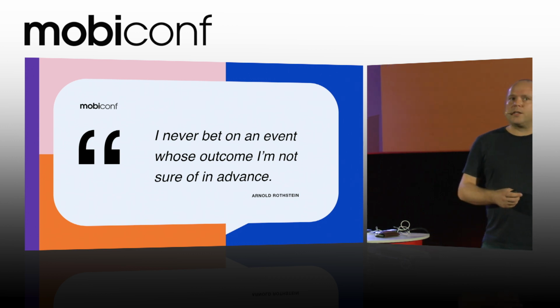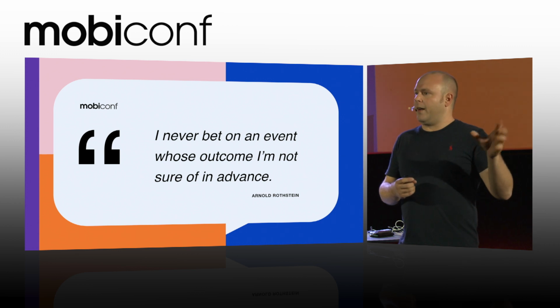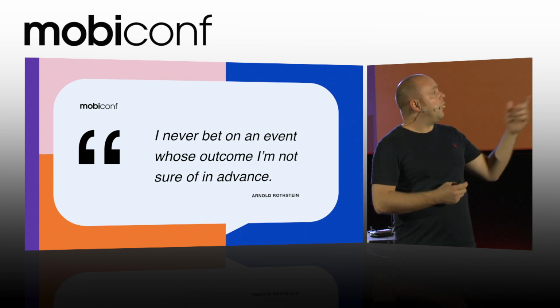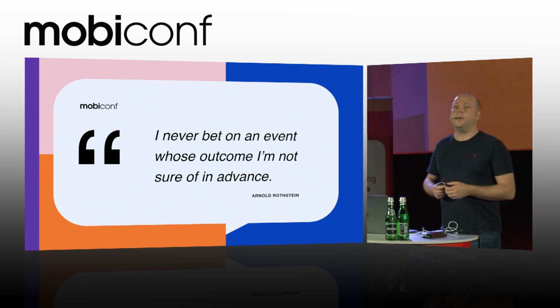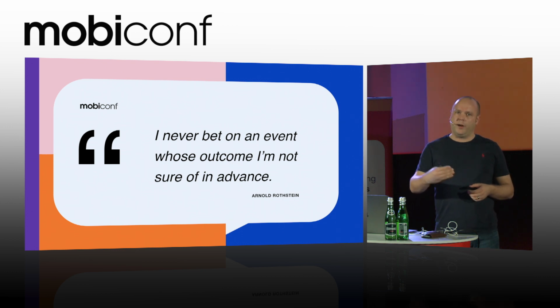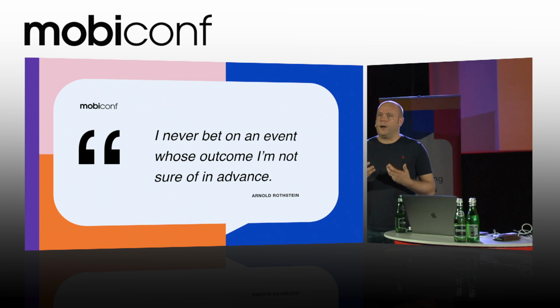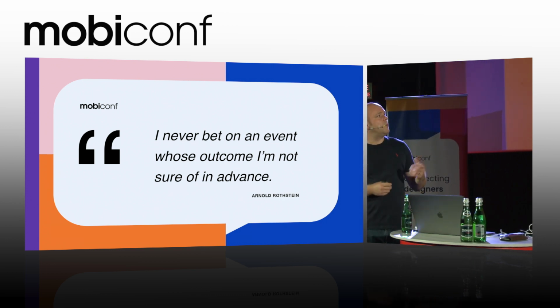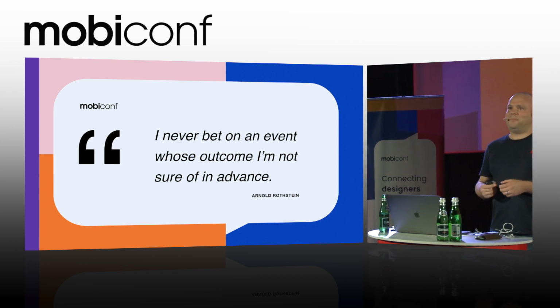Now, this is something that we tend to be pretty bad at in our organizations. Arnold Rothstein was a mobster back in 1920s America, right about the time of prohibition, so the banning of alcohol, came around. So you weren't allowed to sell, and you weren't allowed to purchase alcohol. But Arnold Rothstein was a particularly enterprising mobster.